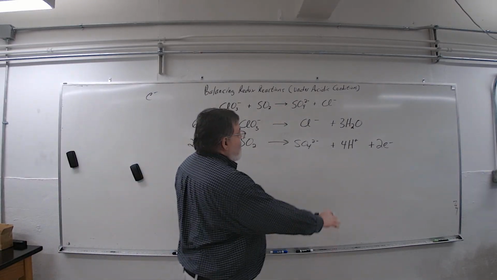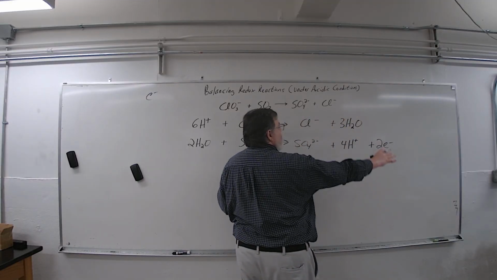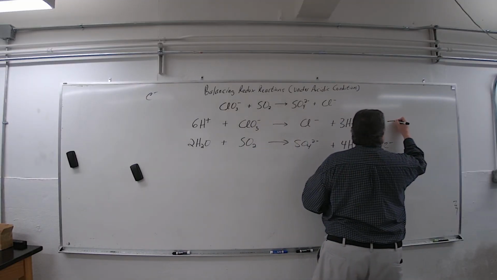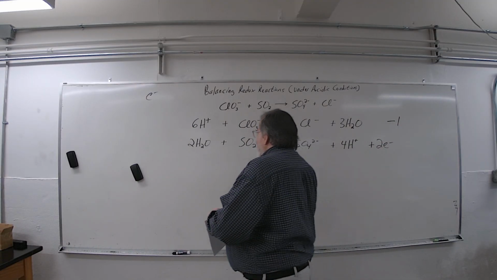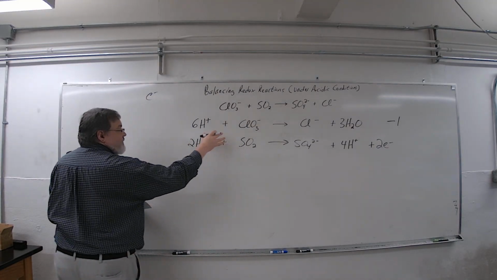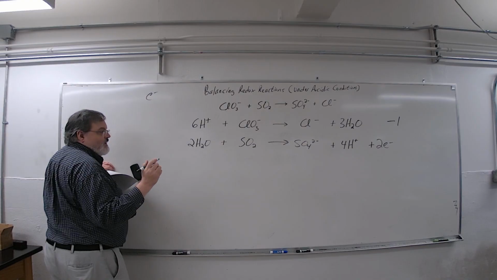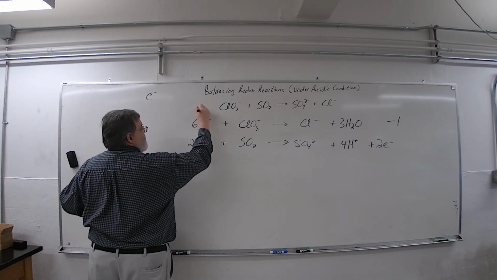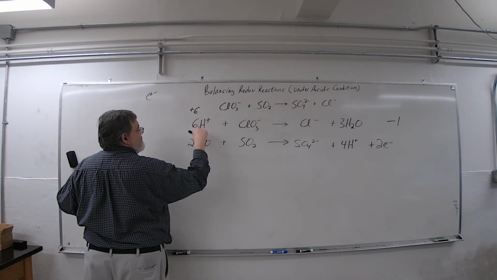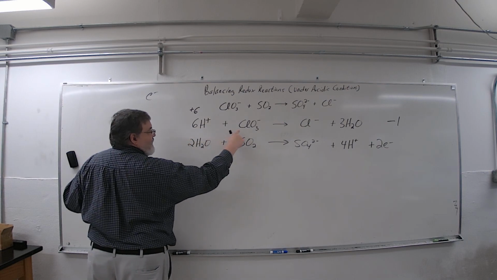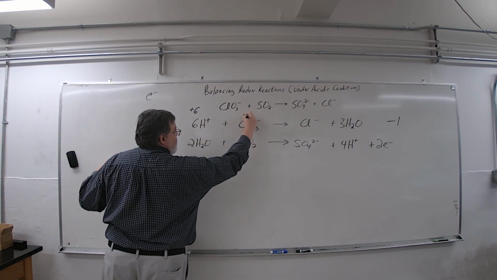What's our total charge up here? We've got -1. And over here, what's our total charge? Plus 5. You've got 6 plus here, I'll say plus 6, and you've only got 1 negative.